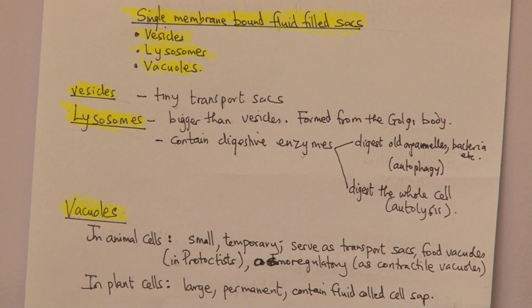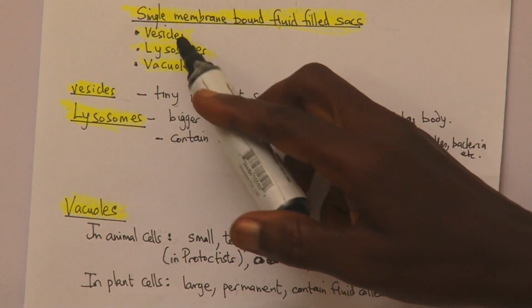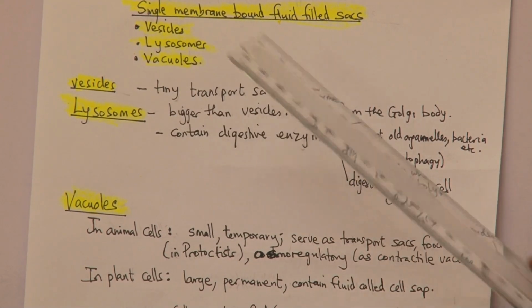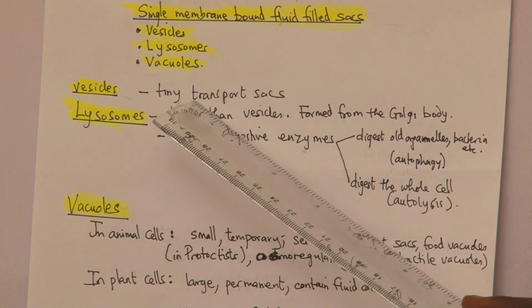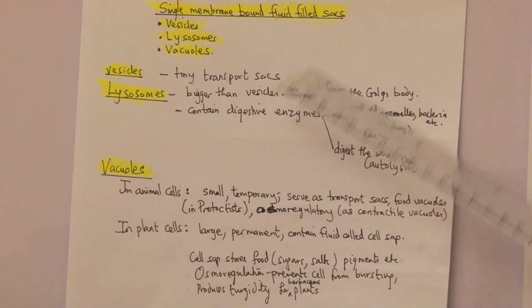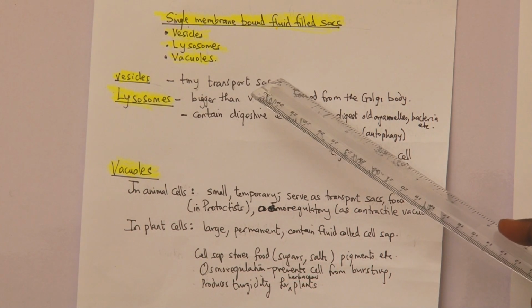Now we want to look at another group of structures, and we want to put them together: single membrane bound fluid filled sacs. There are three types we want to look at: vesicles, lysosomes, and vacuoles. Vesicles are very tiny, formed from the Golgi bodies, and they are transporting sacs.